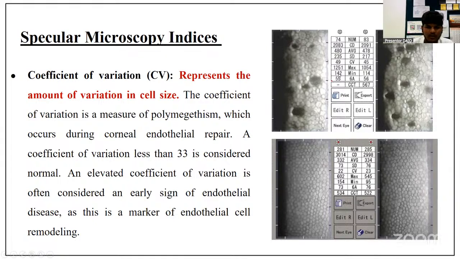In this image, you can see the coefficient of variation value is almost near the abnormal value. This is an abnormal value and this is a normal value. You can see it is less than 33 and it is more than 33, so it is considered abnormal.